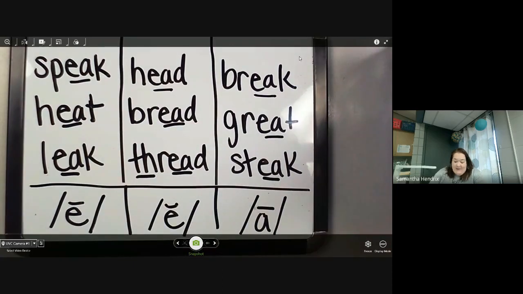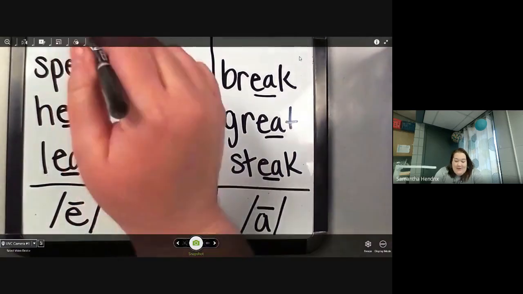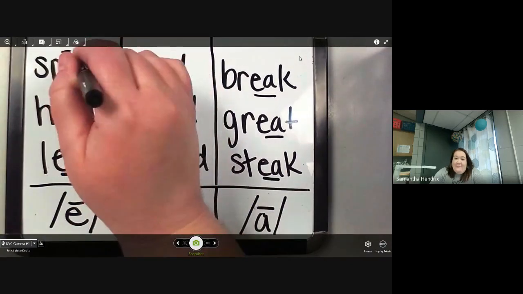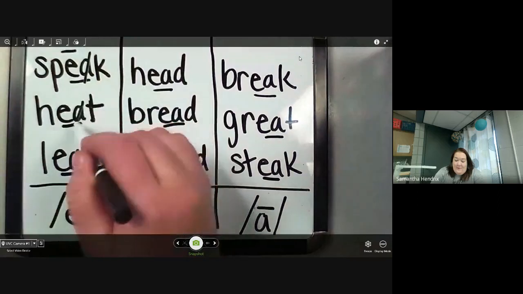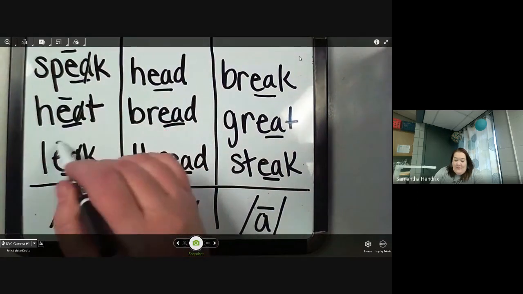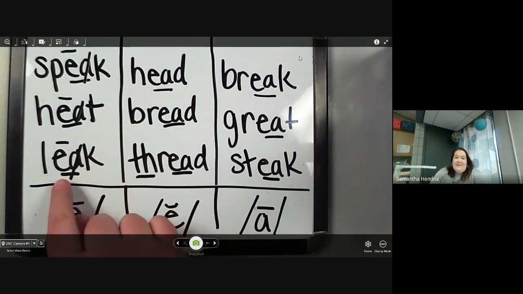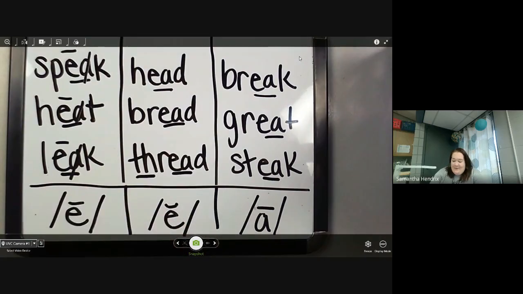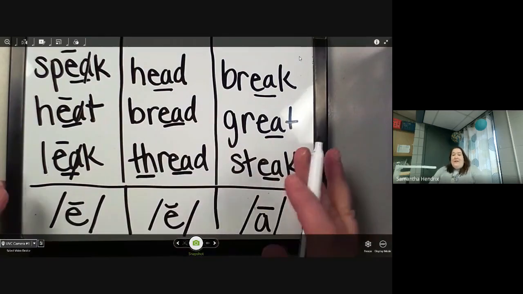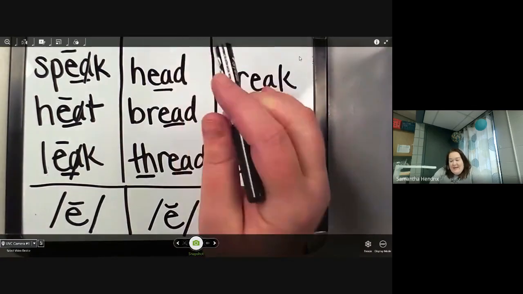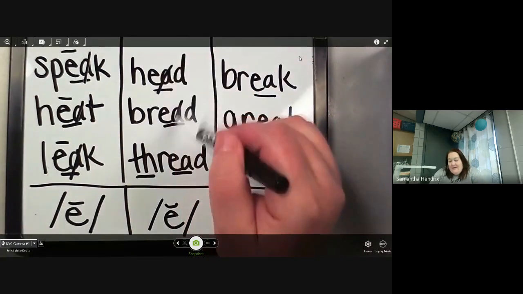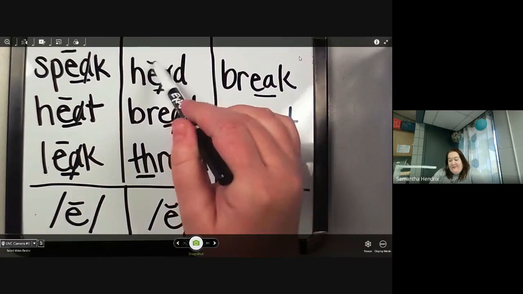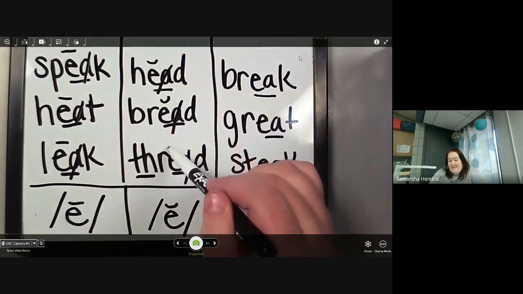Now, when we code this, we mark out the A and give that a macron. So we know the A is silent and it's a long E. Eek, leak. Okay? When we do the short E sound with the digraph EA, we mark out the A and it gets a breve, so it's a short E sound.